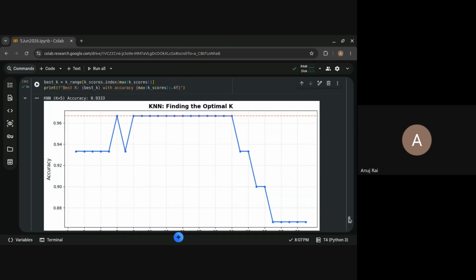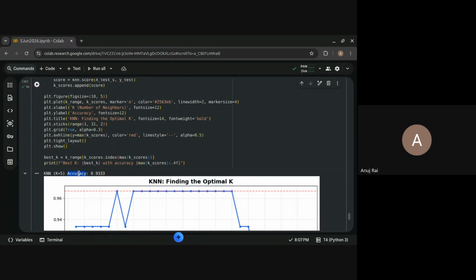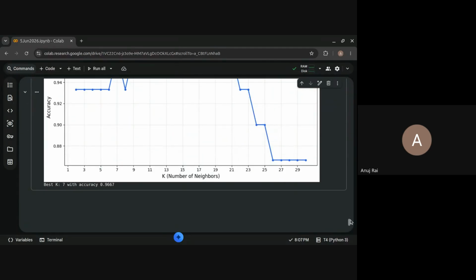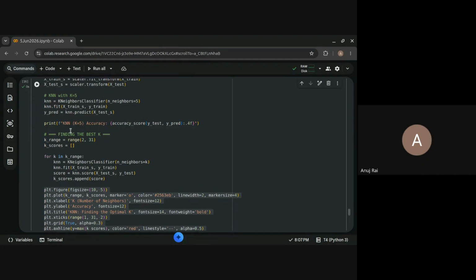Now after training, the model accuracy is around 0.933. Here we also ran a range to find the best k.